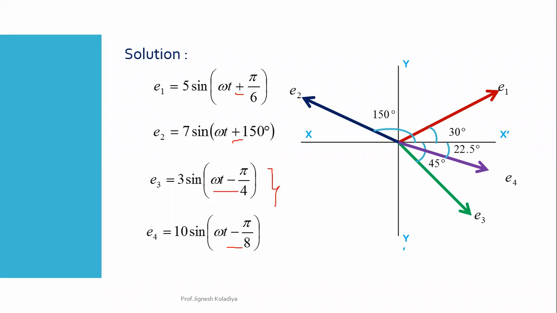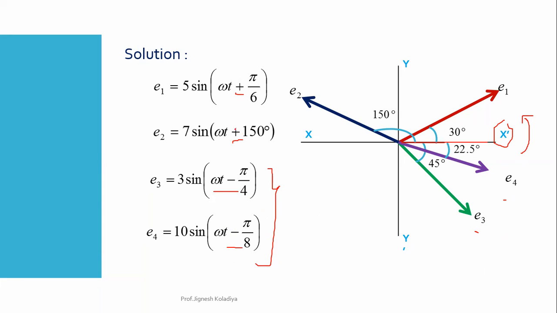So these two are lagging with respect to this axis. If you rotate this in anti-clockwise direction, which one comes first, this axis or E3 and E4? Definitely this x-axis. So we can say with respect to the x-axis, E3 and E4 are lagging. Lagging means with negative sign.